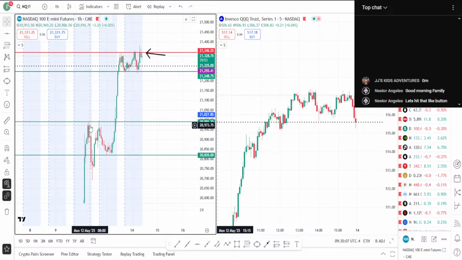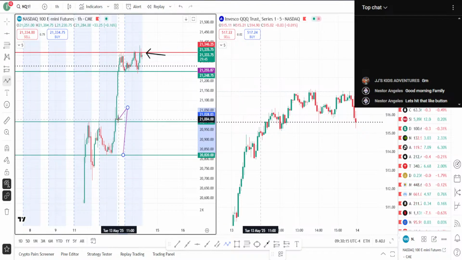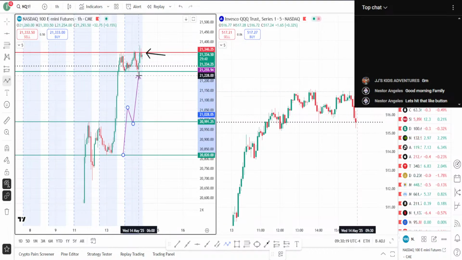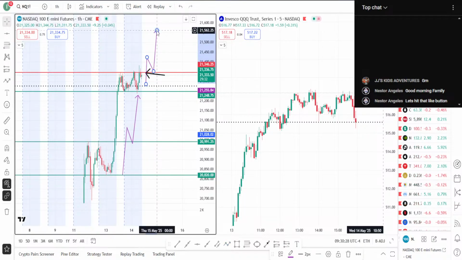So notice what happened in this range. Price here pulls out, then you see the wick, that means the price came back down, retested the high, and pushed up. So we want to see the same thing here. If we're buying up here, we want to see the same thing. That's what you want to see if you want to buy it. This is what you want to see if you want to sell it.